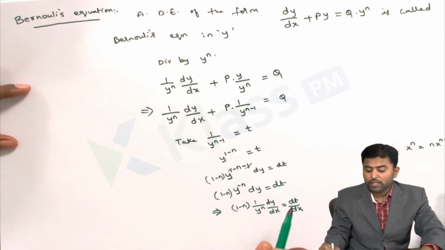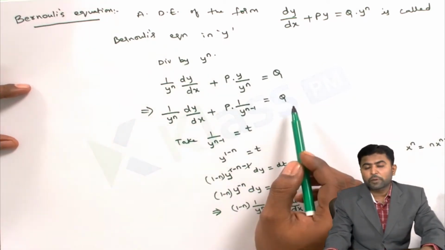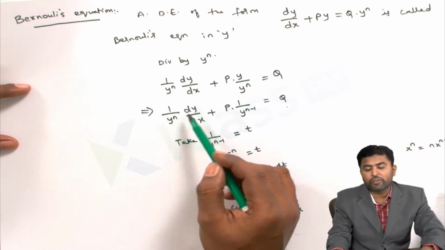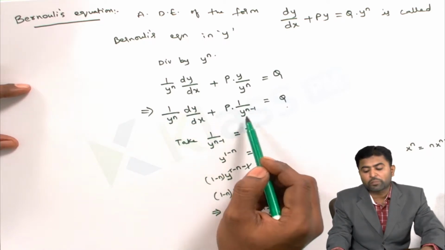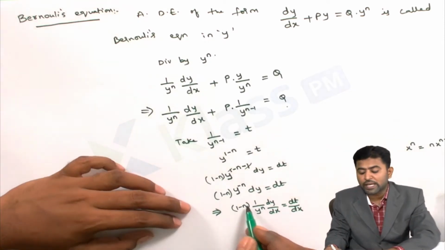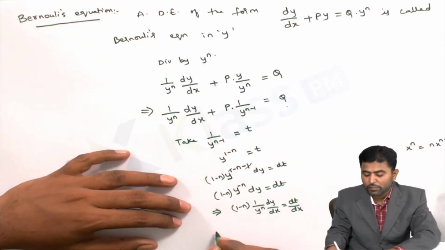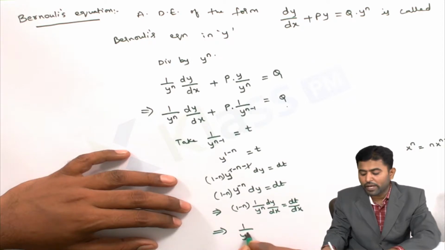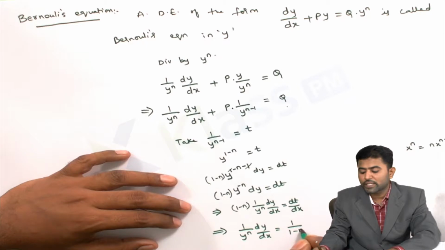Now, if we observe in this particular equation, we have 1 by y power n dy by dx plus p into 1 by y power n minus 1 is equal to q. So I'll send this 1 minus n to the other side. So that becomes 1 by y power n dy by dx is equal to 1 by 1 minus n into dt by dx.